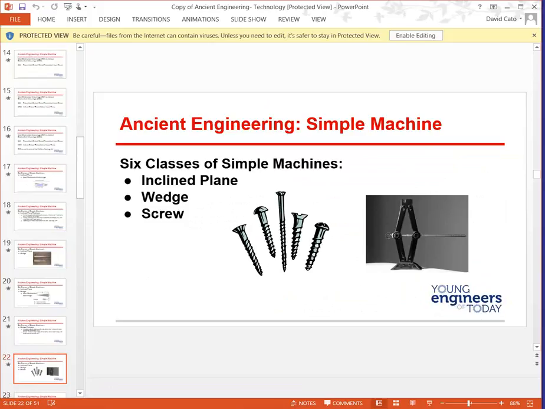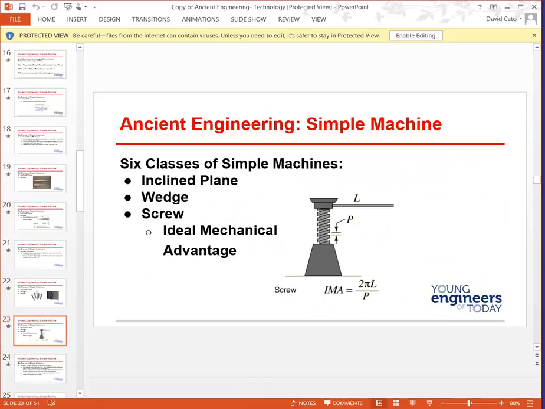Does that make sense? If you imagine a wheel attached to an axle, the screw moves in the direction that the axle is facing, and you're turning in the direction that the wheel would turn. So that's also changing the direction of the force. And then, you don't have to understand the math here, but depending on how close or how far apart the ribs in the screw are, you can make it easier or more difficult to go into a piece of wood, by making you work by travel.